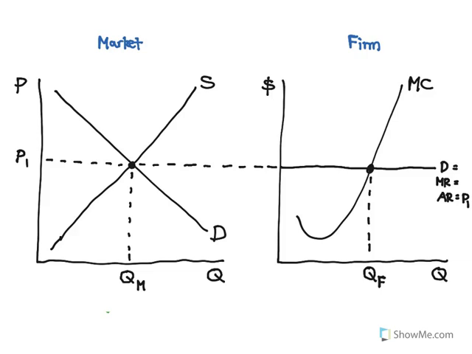So average total cost. Remember, that's a U, and it's minimized when it goes through marginal cost. And we drew that in the last unit. So for this example, we're going to put average total cost. We're going to start the dot down here. I like to go ahead and put my dot first.